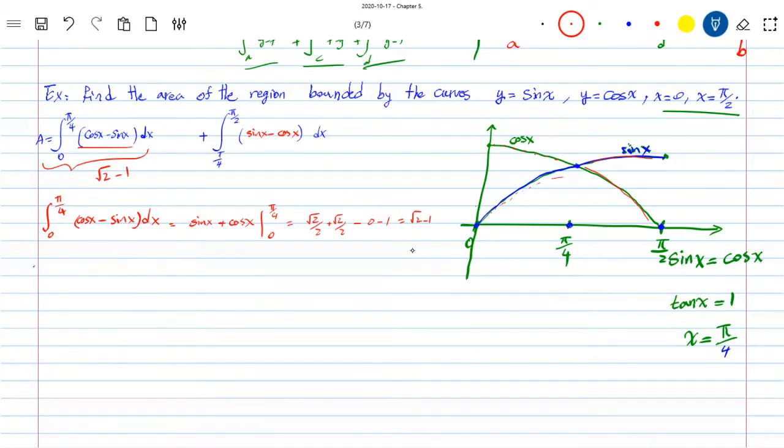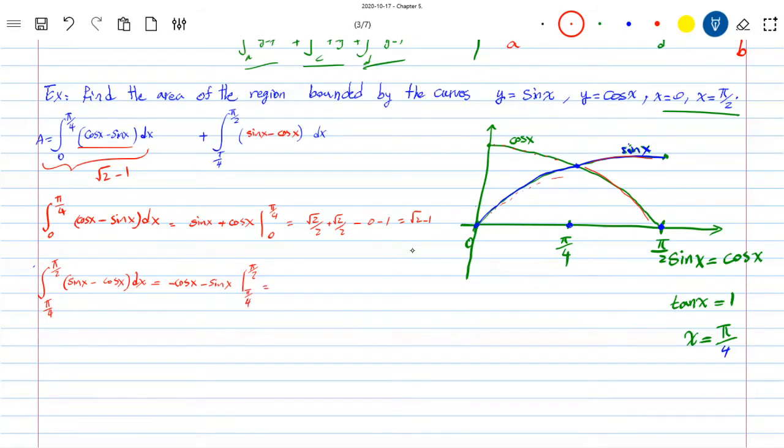And if you calculate the other integral from pi over 4 to pi half of sine x minus cosine x dx, you get negative cosine x minus sine x evaluated from pi fourth to pi half.